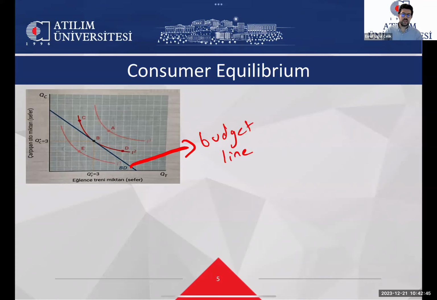That budget line is drawn using the budget equation. So, for example, if I ask which point you choose to get the highest utility? Exactly, point B. And point B denotes the tangent point of the budget line and the indifference curve. Okay.